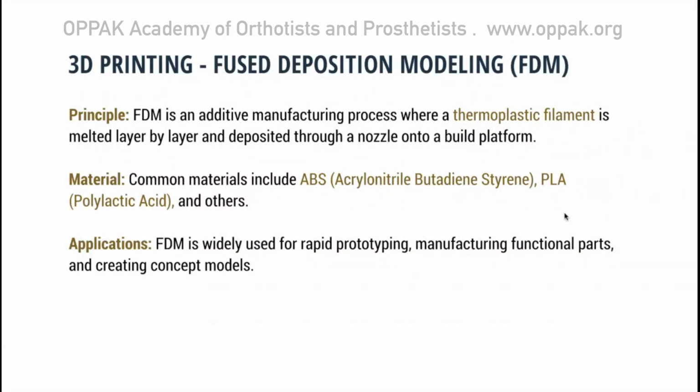The common materials used are ABS and PLA, and others we will discuss later. These are mainly used for rapid prototyping, manufacturing of functional parts, and creating concept models. But now this is also used to make orthotics. It's easy to make orthotics with this technique.